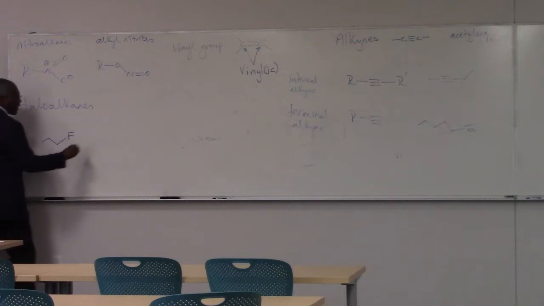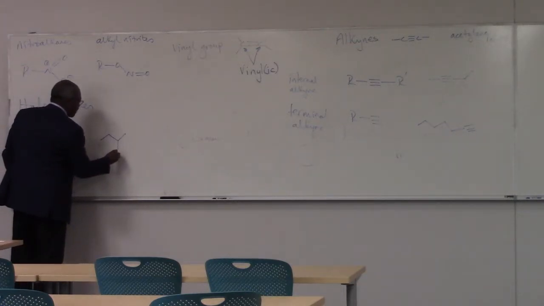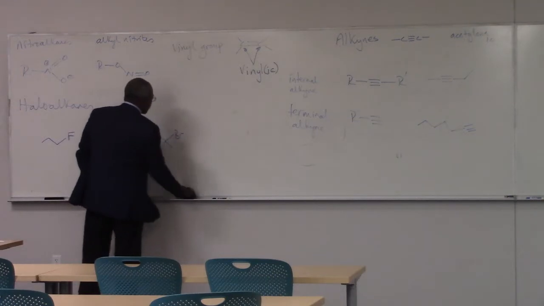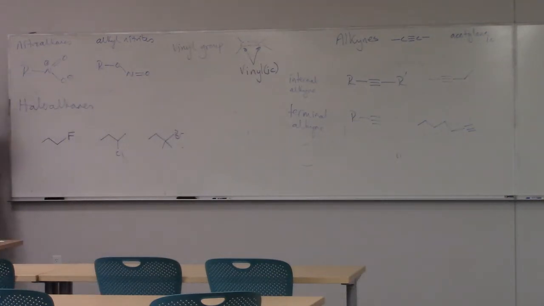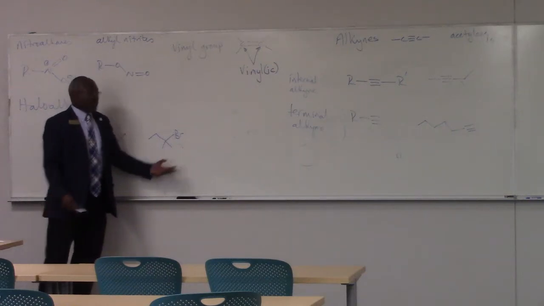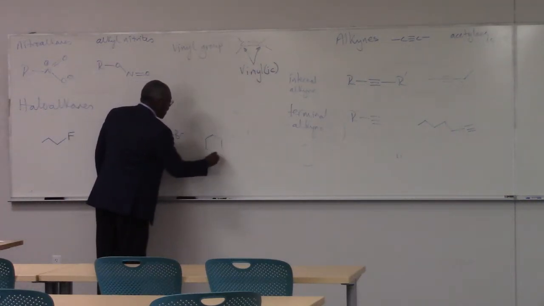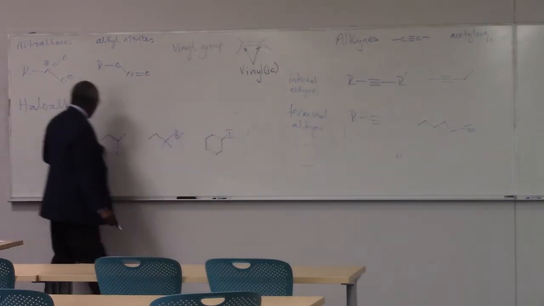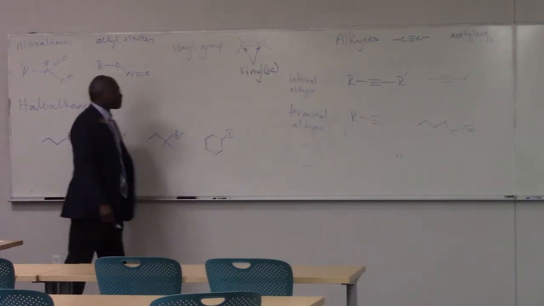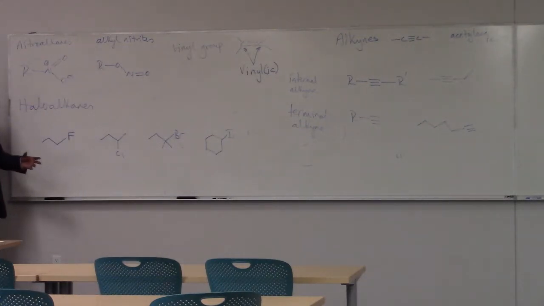So let's say I have that compound, that compound. So this is a fluoroalkane, a chloroalkane, a bromoalkane, and of course I can have iodoalkanes. So I can categorize them based upon the identity of the halogen, and that's relatively trivial.